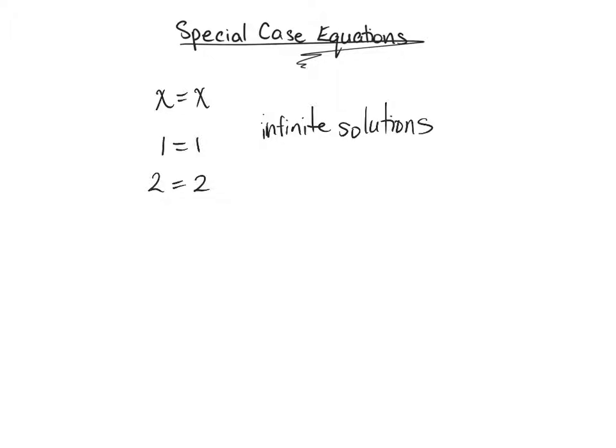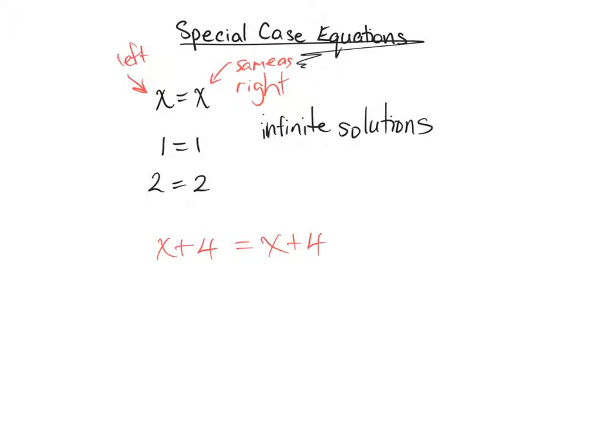And you can tell an equation has infinitely many solutions if you end up seeing anything on the left side being the same as what's on the right side. So for example, if I have an equation x plus 4 is equal to x plus 4, how many solutions do you think this would have?